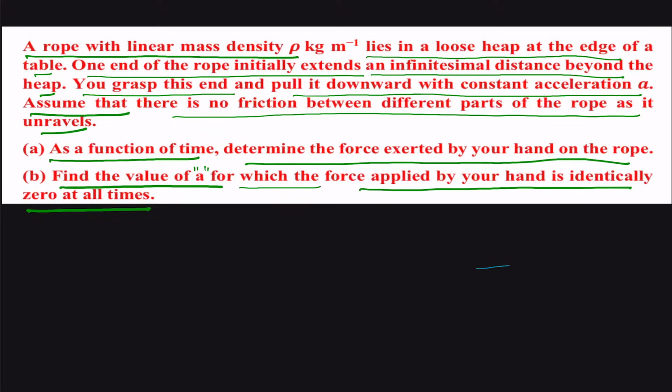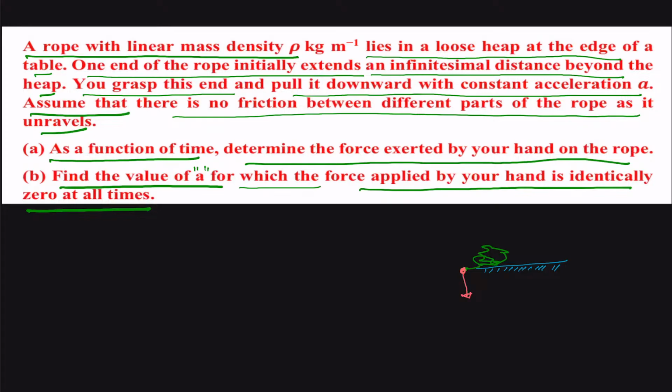So suppose this is the table, and on this table we have kept a rope, and that rope is something like this in terms of a heap, and one end is slightly outside, and we hold this end and start pulling it downward.